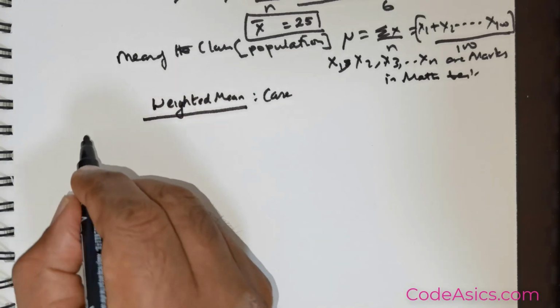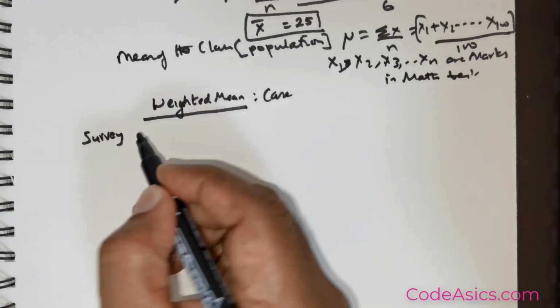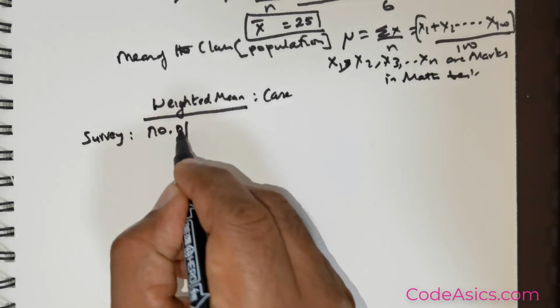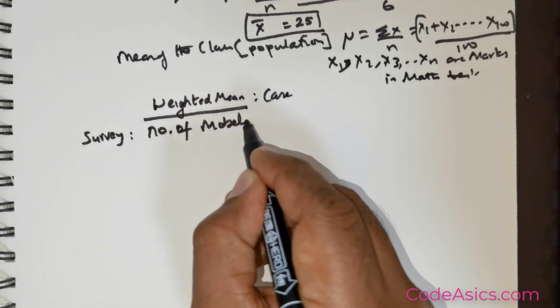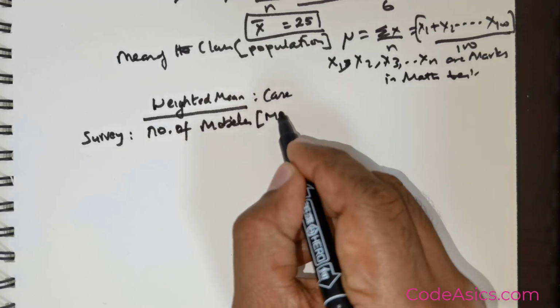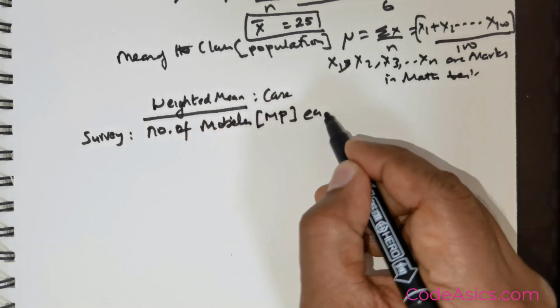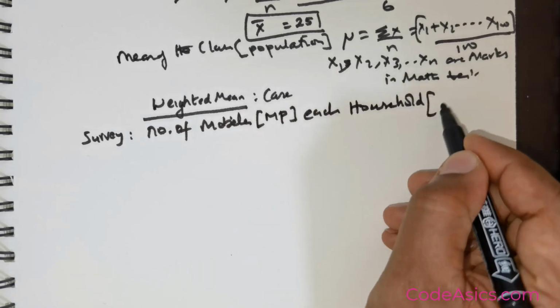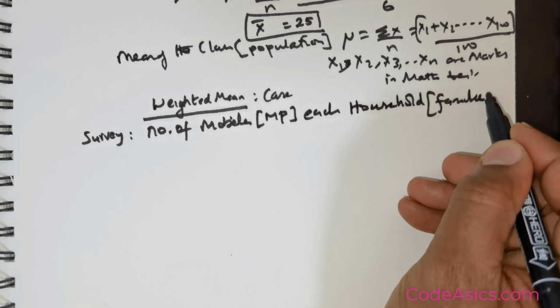Now, there is a survey company that is conducting a survey on the number of mobile phones that each household has. When I say household, I'm talking about families, right?